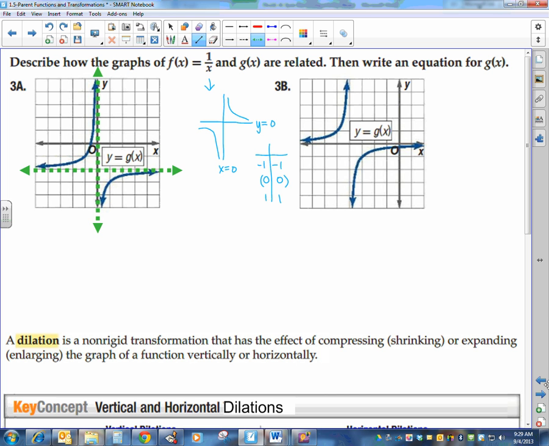So what that has done to my graph, this line is y equals negative 2, and this is x equals 0. So that should be enough to tell you that it's been shifted down 2 units.